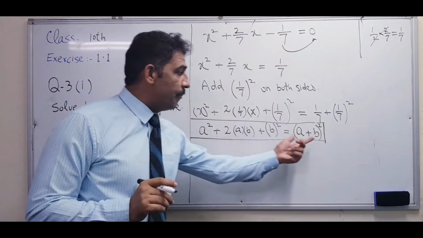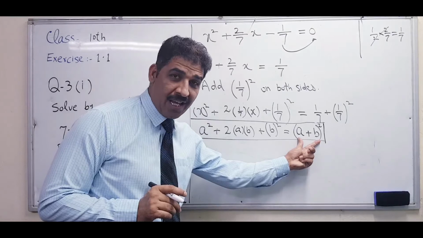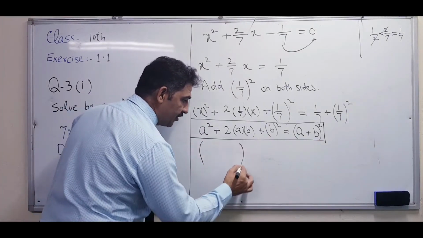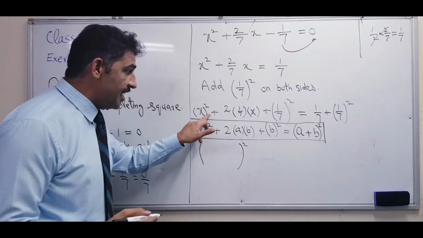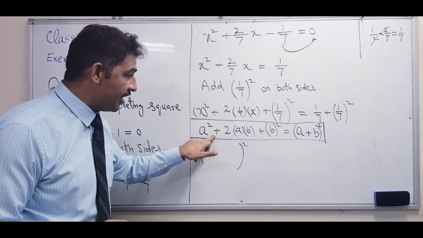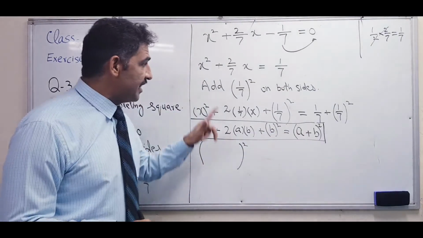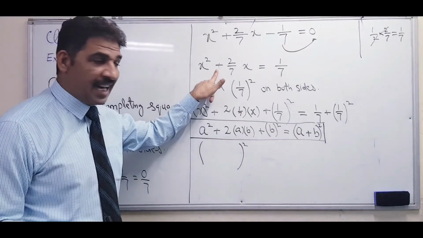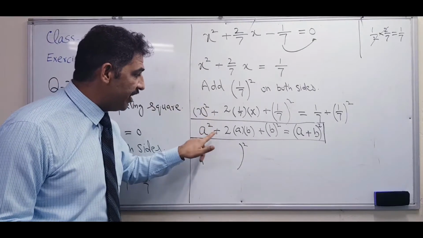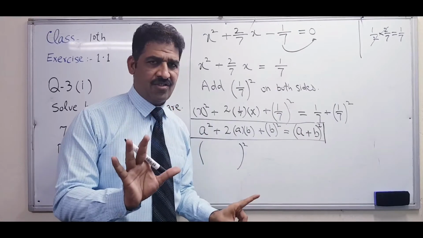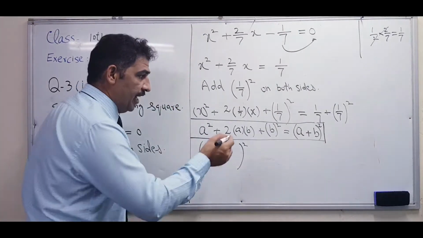So that is complete, a plus b whole square. So what do you have according to the formula? If there is the plus sign, then here also plus, then a plus b whole square. If there is a negative sign from the question, then here is also negative, so that is a minus b whole square. That is just this change. Okay, so here is the positive formula.